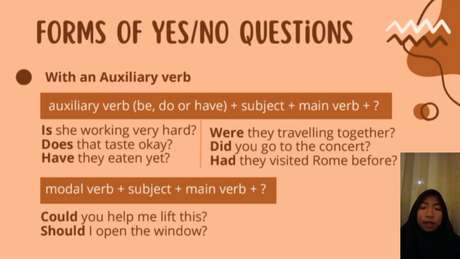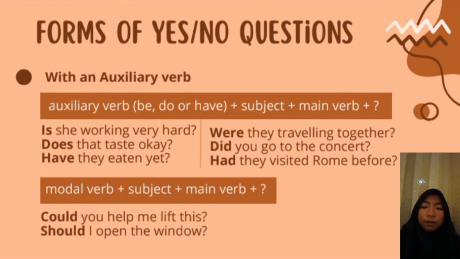The examples: is she working very hard? Does the test okay? Have they eaten yet? Were they traveling together? Did you go to the concert? Had they visited Rome before?